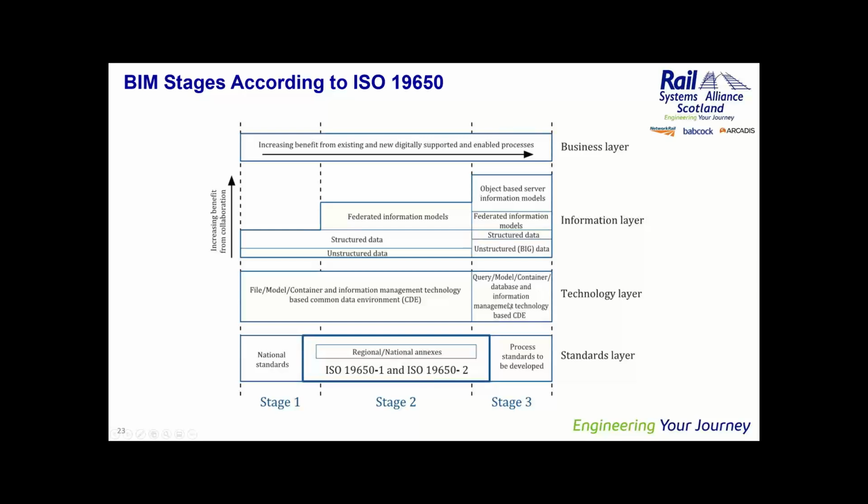And if we move to a more mature area, we've got an information container and inquiry-based database. And we can move into the information layers and how we federate our information models, how we structure our data, and how we get the most out of our information increases as we go up through the layers and along through the stages. The expectation is that we will get increasing benefit from the information as we get to the highest level and the highest stage.